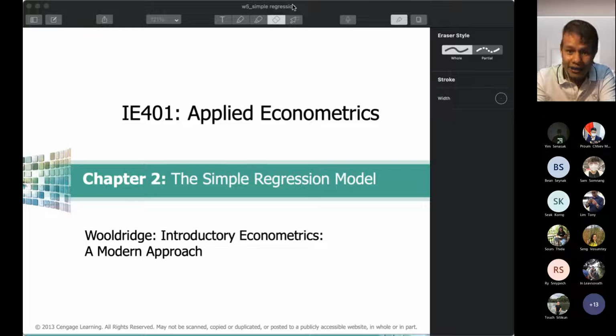But as you know, simple linear regressions are rarely applied in practice. Why? Because the zero conditional mean assumption is always violated.